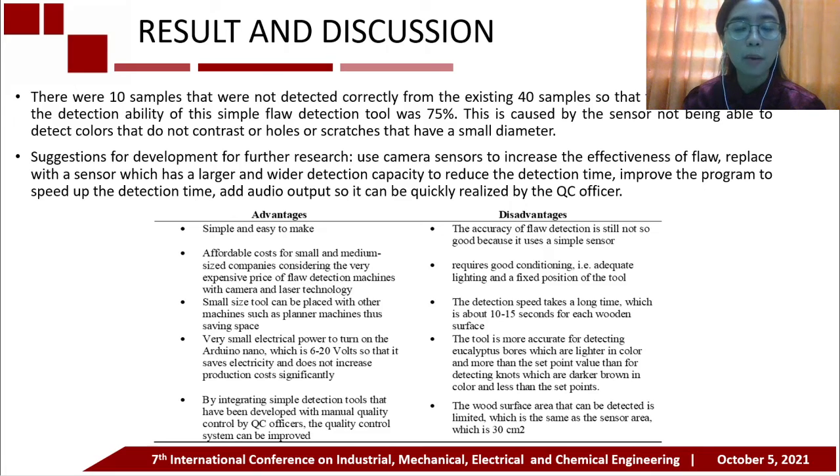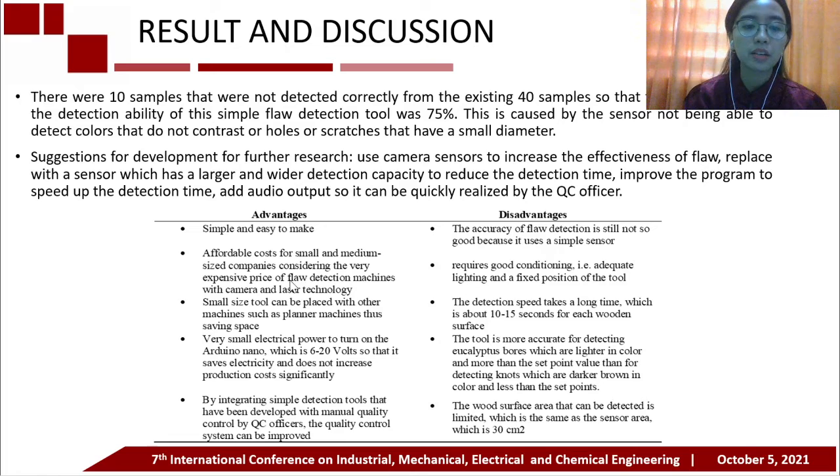Suggestions for development in further research: use a camera sensor, replace with a sensor which has a larger and wider detection capacity, improve the program to speed up the detection time, add audio output. And then you can see the advantages and disadvantages of the tool. This tool is simple and easy to make.